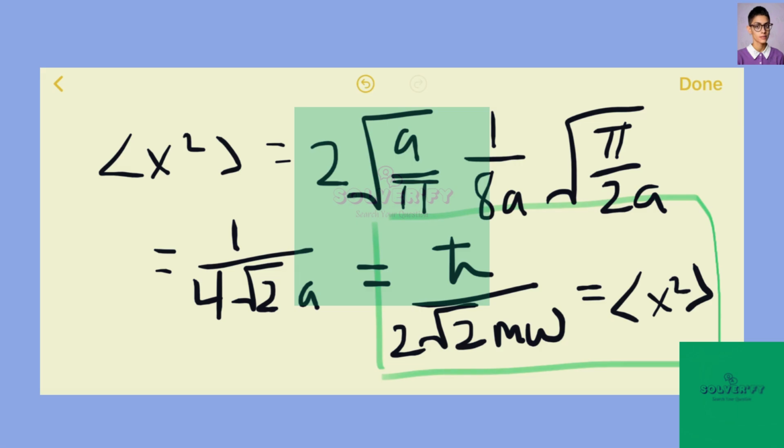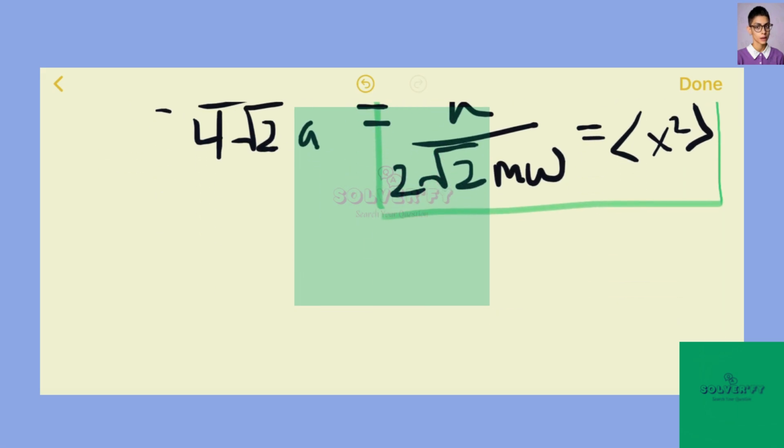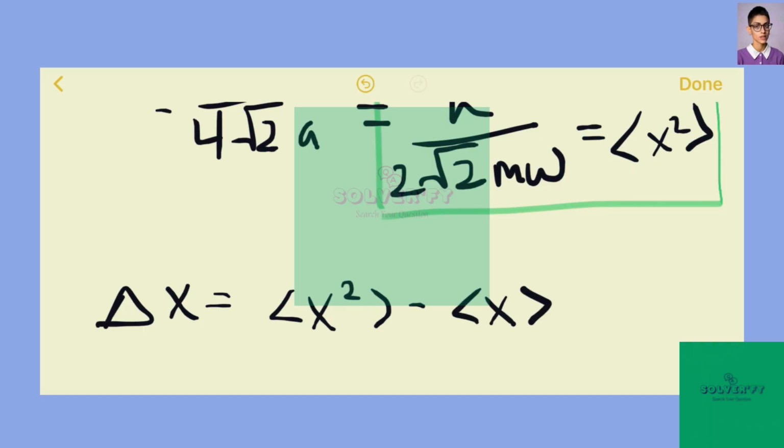Okay, and so now we need delta x. Recall that delta x is equal to the square root of the expectation value of x squared minus the expectation value of x, squared.